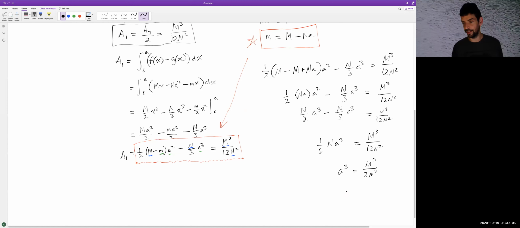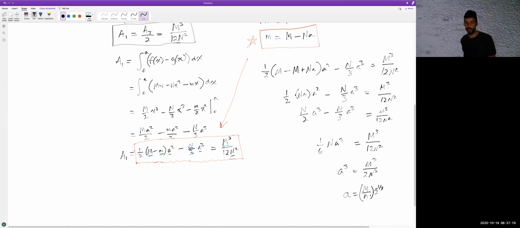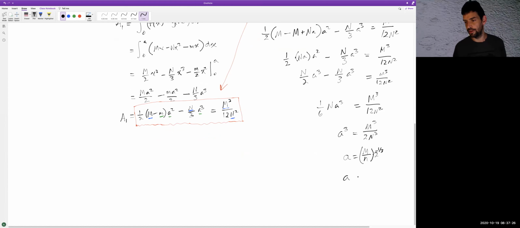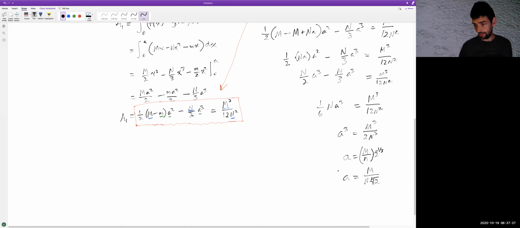And we'll take the cube root and we get a is equal to m over n, 2 to the negative 1/3. I don't know the best way to write it. That just means the cube root of 2 in the denominator. Actually, let's write it a slightly different way: m over n cube root of 2. Okay, so that gives us the value of a.